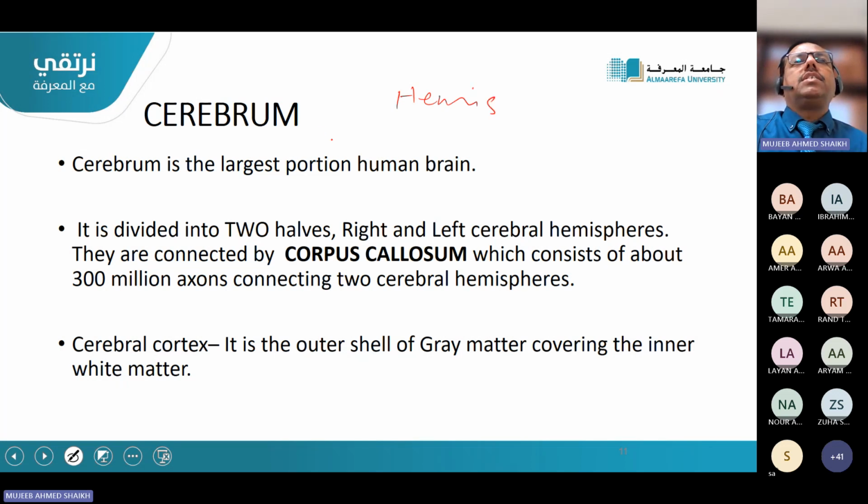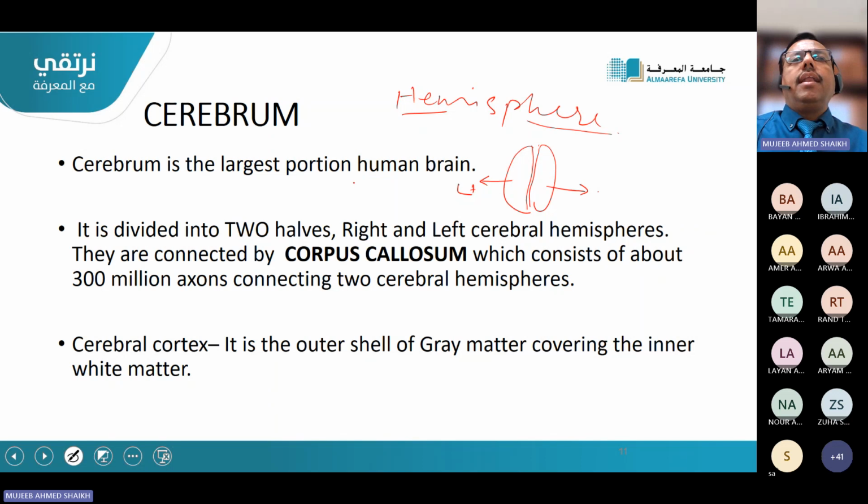Although it is not like a sphere, not round, we call each one a half. Suppose I am seeing it from above. This is how it looks. So left half and right half of the brain are called the right and left hemispheres of the brain.